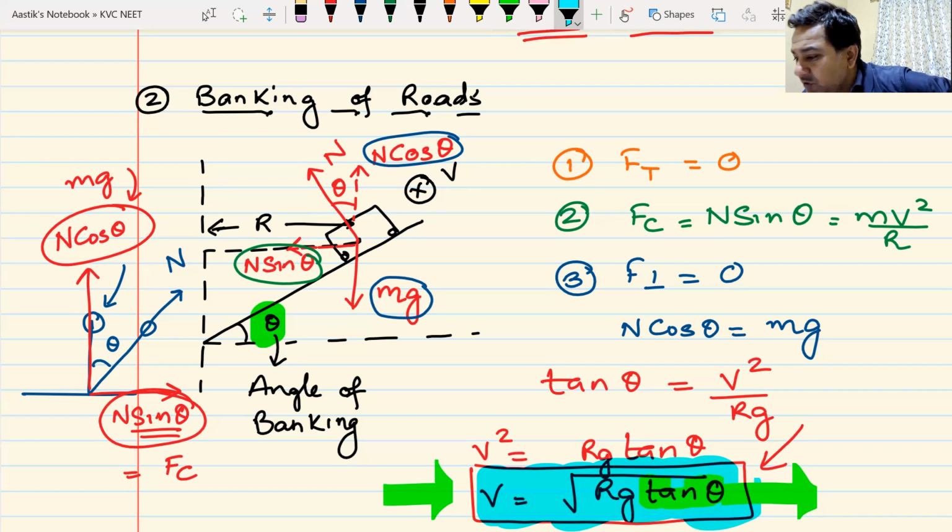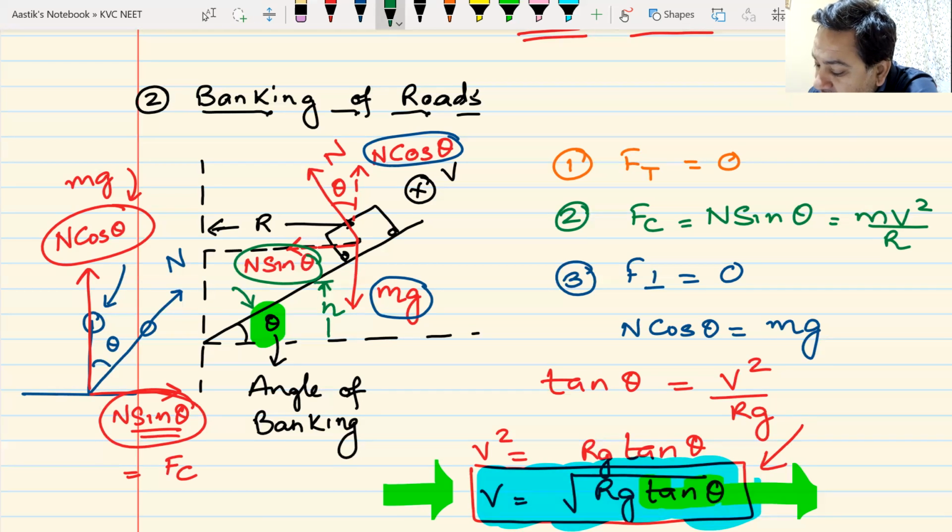One more thing that I want to add here in this class, which I incidentally forgot, is that sometimes instead of giving you this angle theta, which is the angle of banking, when the question is given in a different way, they give you the height of the road.